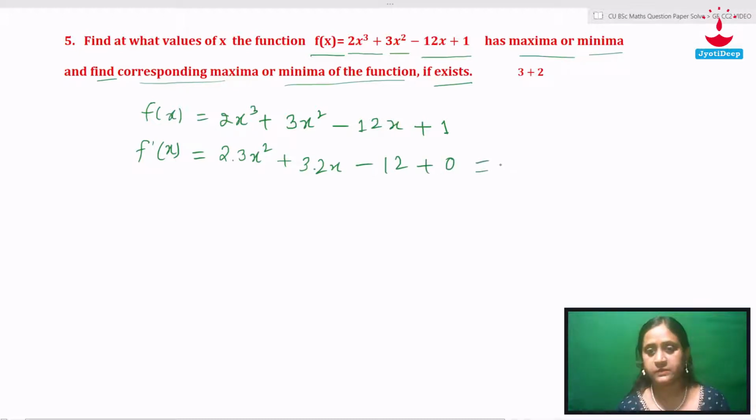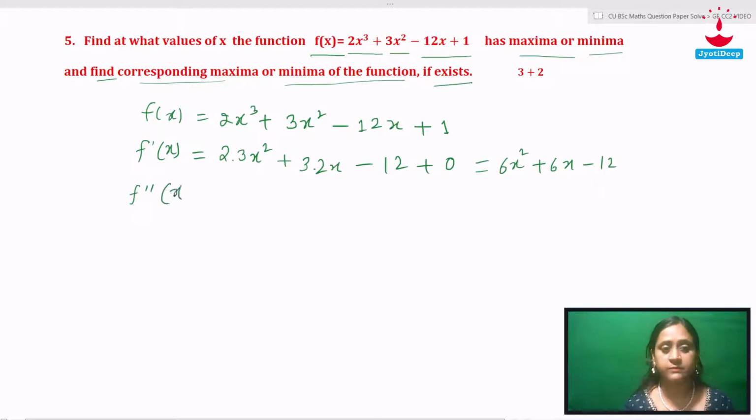So it will become 6x square plus 6x minus 12. Now differentiate once more, f double dash x will be 12x plus 6 minus 0.